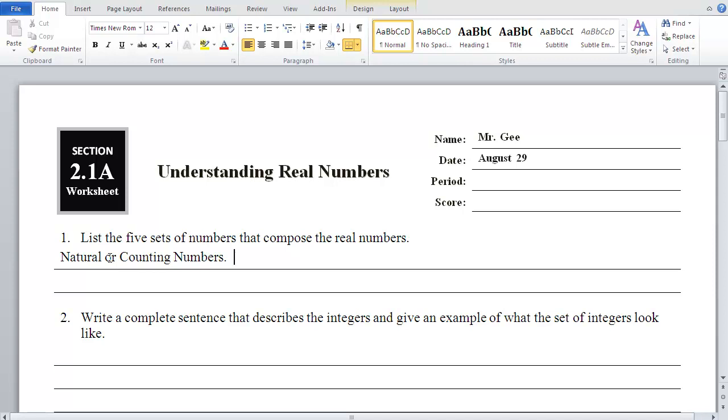The next one is you take the counting numbers and you add the 0. It will give you the whole numbers, right? Because the counting numbers are a subset of the whole numbers. So let's put in whole numbers.